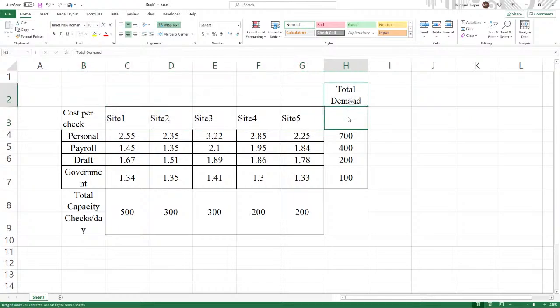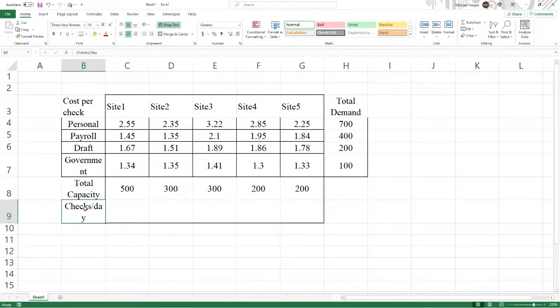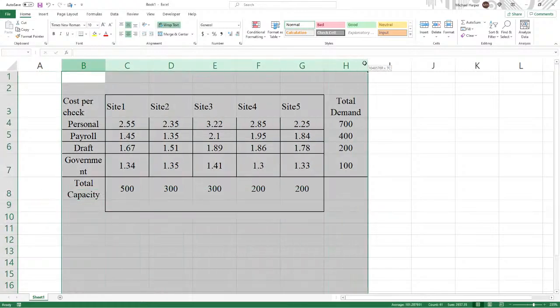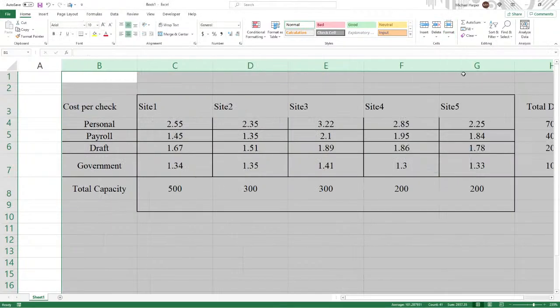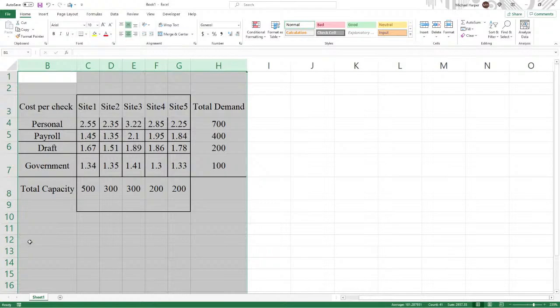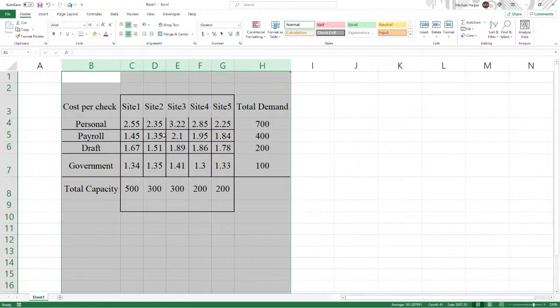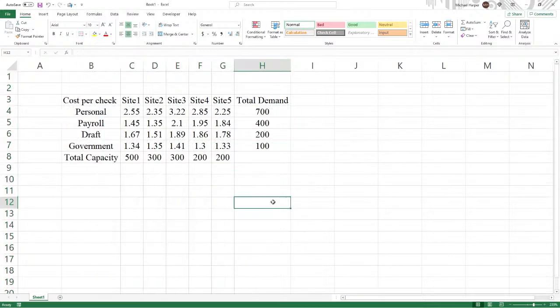Let's unmerge these. We don't need these. Let's enlarge this and format these things. And then come over here, format these and bring them down. Okay, now we have something we can work with. Let's take away the border. Okay, there we go.